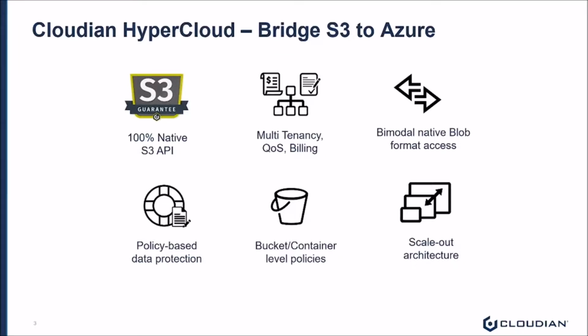It provides bimodal access to blob data, policy-based data protection via either erasure code or replicas, and granular policies that can be applied on a per bucket or per container basis so that you can have a very flexible storage and protection scheme that can be tailored on a per bucket basis.